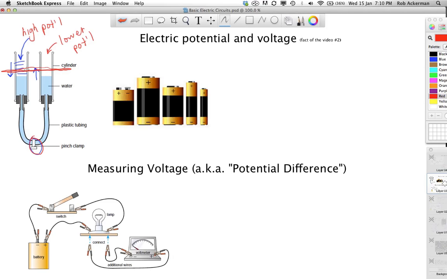It flowed and continued to flow until there was no potential difference between the two sides. Okay? If there's no difference, there's no flowing. No difference is kind of like no battery or a dead battery. A big difference is like a charged battery.